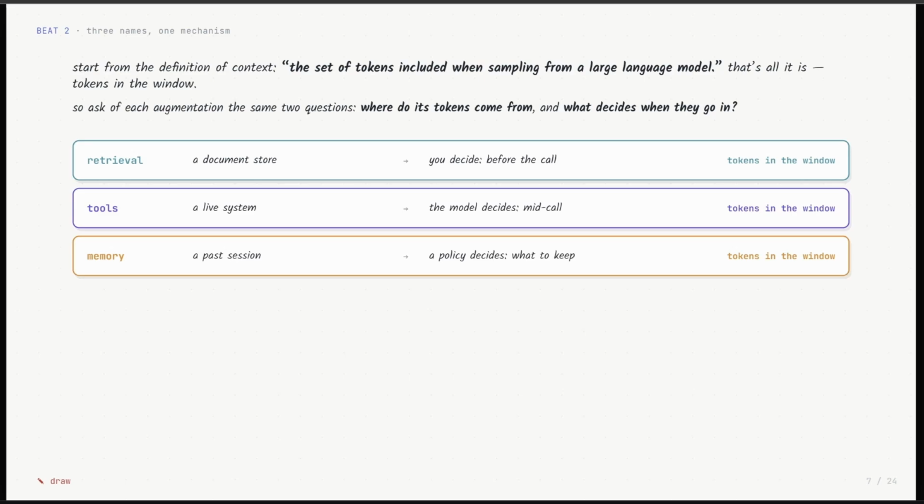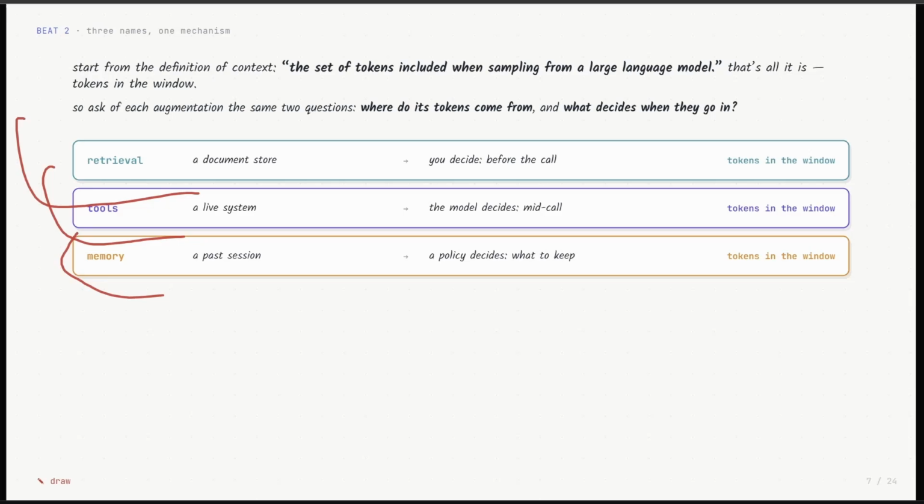So retrieval, here, tokens come from a document store, and you decide before the call, and then you have tools, which come from a live system, and the model decides mid-call, and memory, it's the past session, and the policy decides what to keep from the previous session, of course, in the new session.